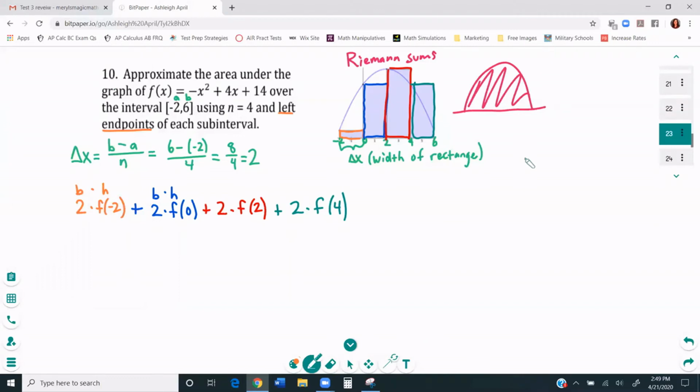At this point what I would maybe do is enter this in your calculator in Y1.